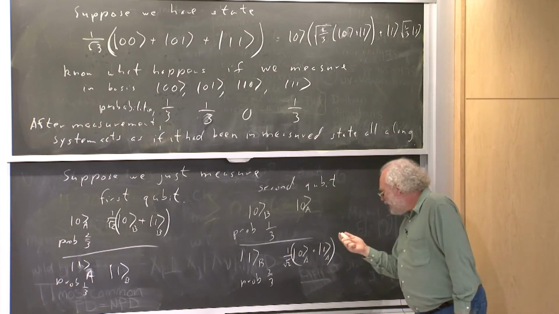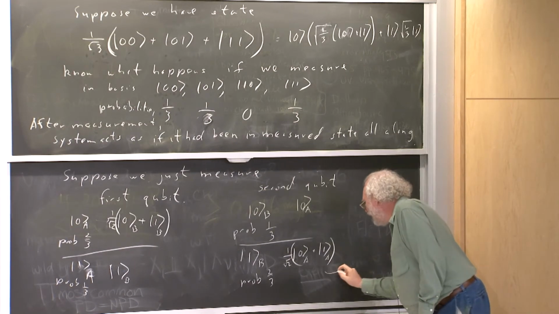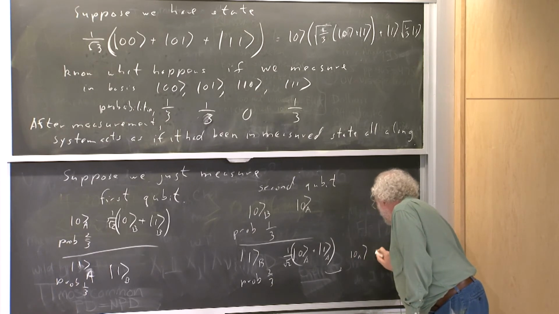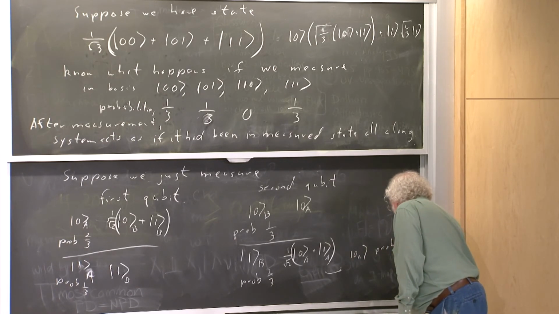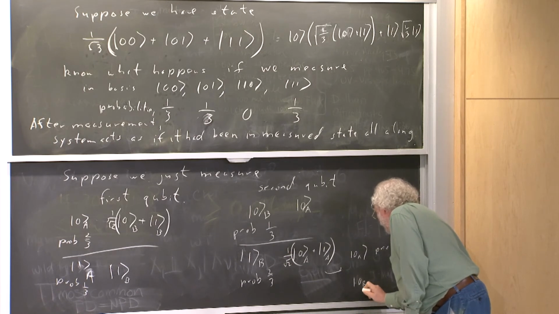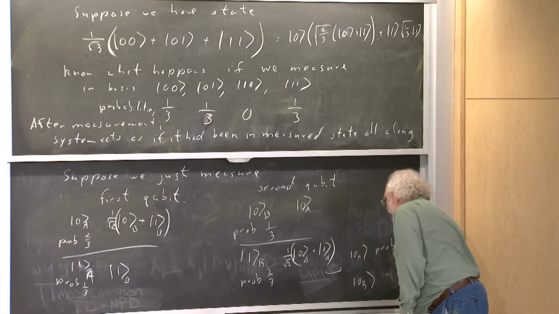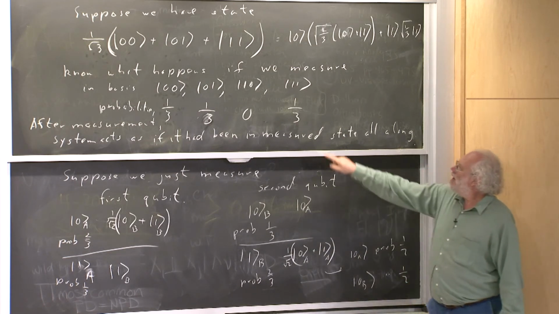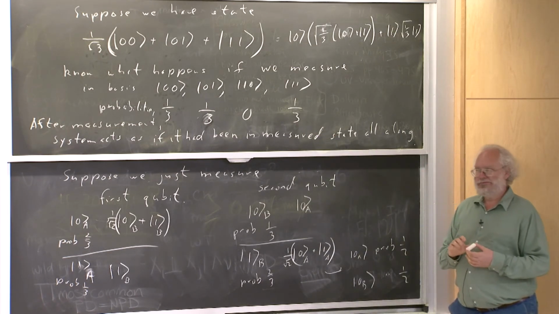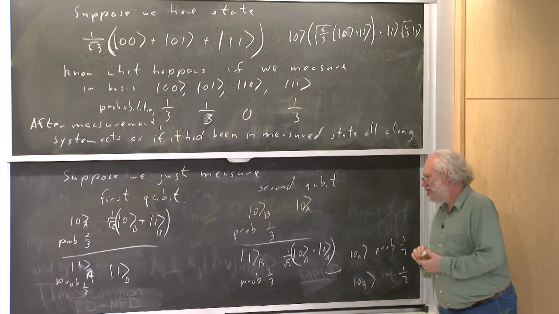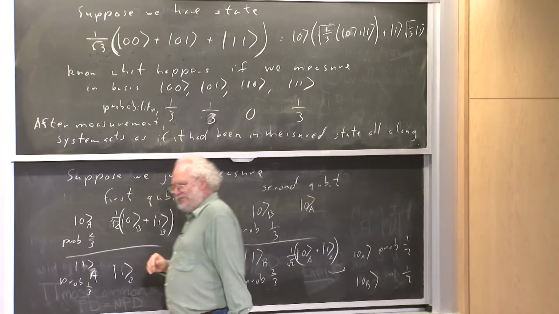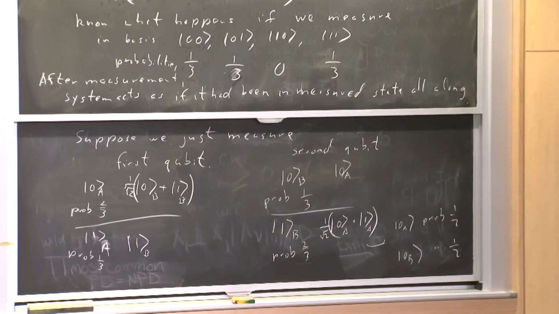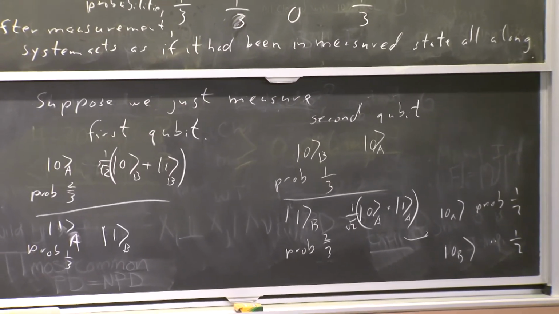And this should be clear, because here you get 0 for A with probability 1/2, and 0 for B with probability 1/2. And when you multiply 2/3 by 1/2, you get 1/3. So this is one way of describing measurement.